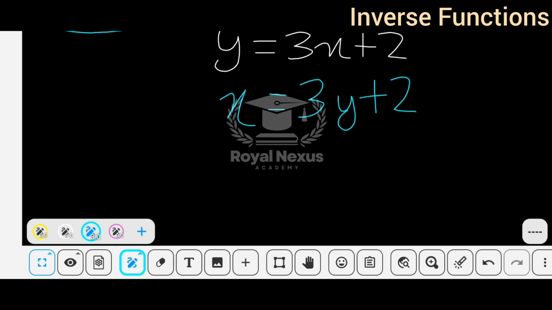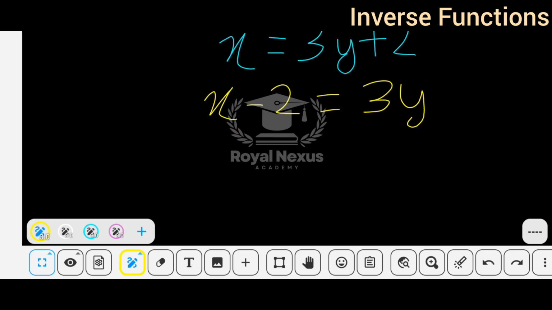The third step is you need to make y the subject of this equation again. If I make y the subject, it will be x minus 2 is equal to 3y. Now it will be x minus 2 divided by 3 is equal to y.